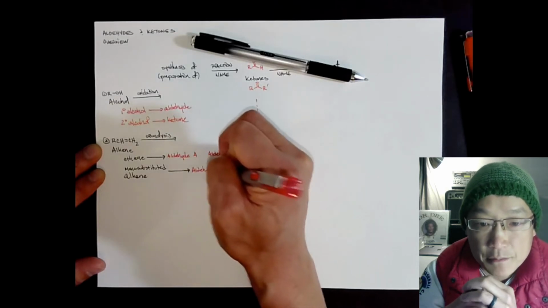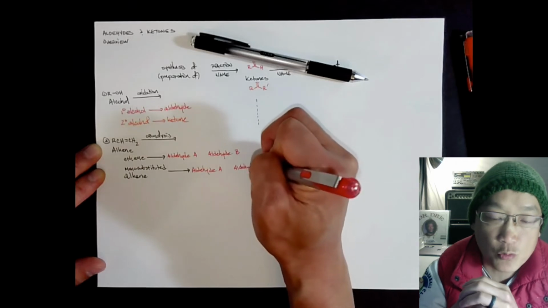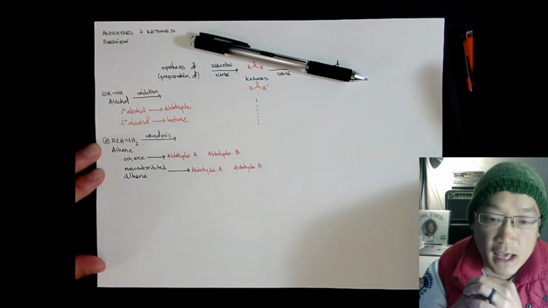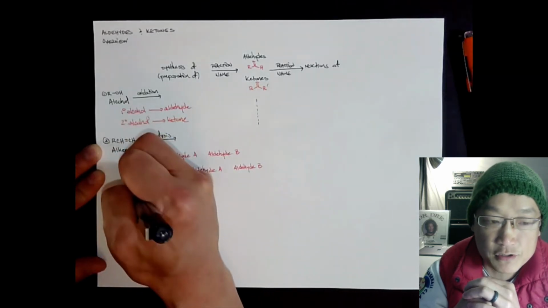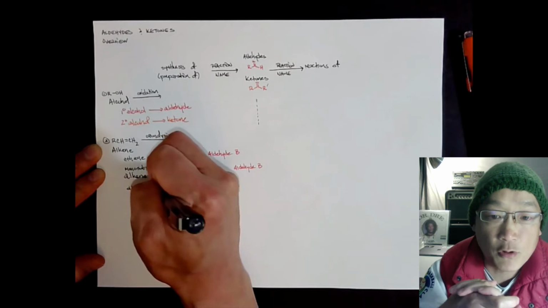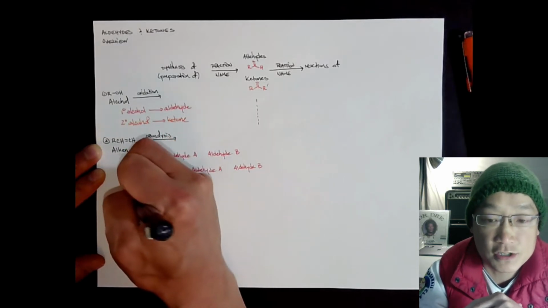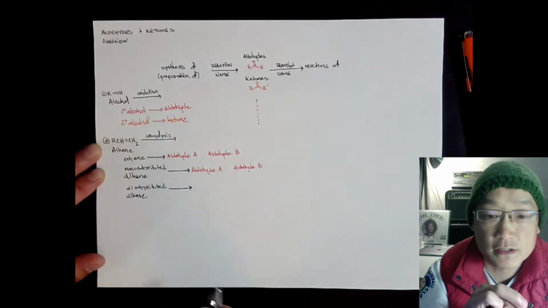But if we take a monosubstituted alkene, so something where just one of those hydrogens on ethene, kind of in the example that I have written above, if you were to subject a monosubstituted alkene to some type of ozonolysis conditions, you would generate two aldehydes from that as well.